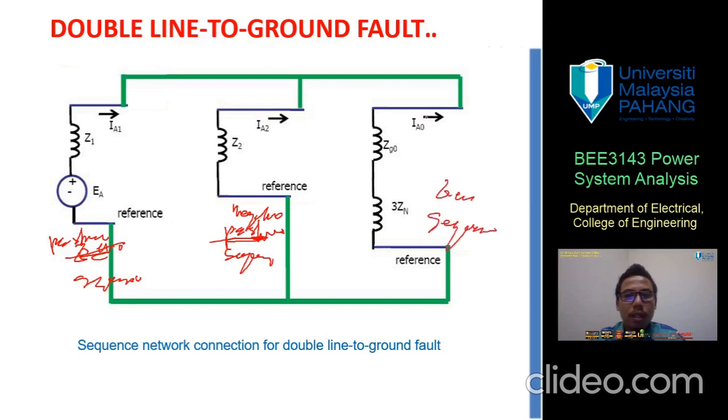Sorry, my mistake. So Z2 is negative, Z1 is positive. Maybe I'm too sleepy, so the little mistake is forgiven.